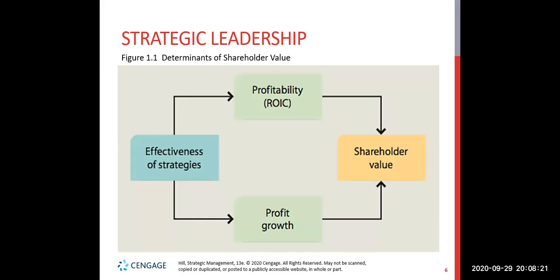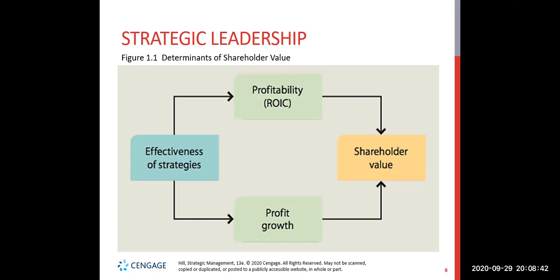If you look at this diagram, figure 1.1, a company must be able to outperform its rivals, so it has a competitive advantage. So it can increase its profitability, which is the return on invested capital. I will come back to this formula shortly. And also the profit growth, the growth of the profit throughout many years.